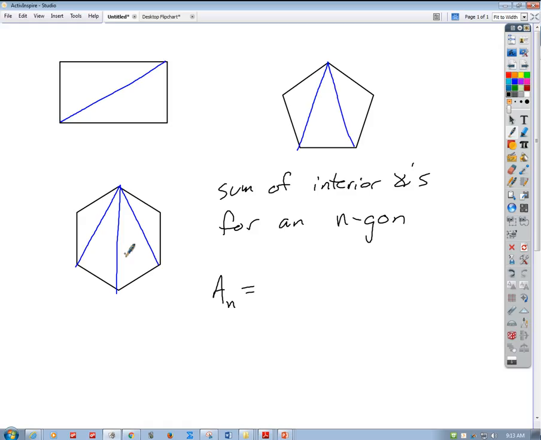So in general, if I've got n sides on a polygon, what do you think? Do you have an idea, Savannah? I'm going to multiply 180 times something, but what? If it's got n sides in the polygon, how many triangles?